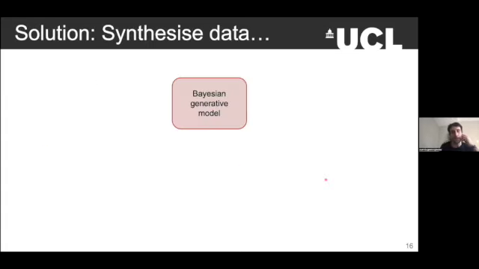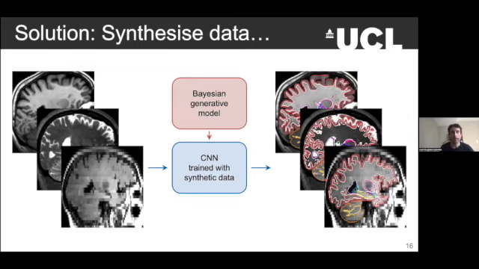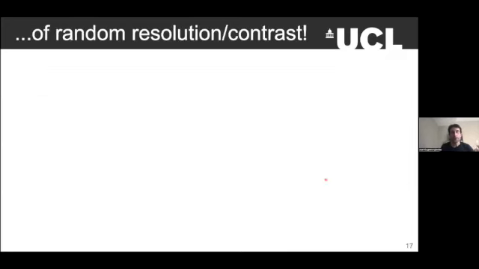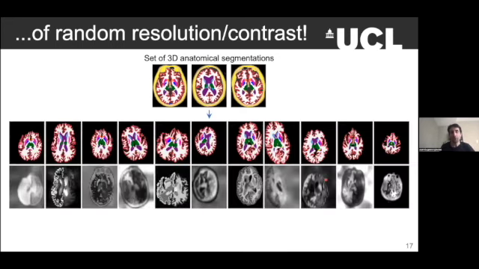So our idea is, can we solve this by synthesizing data? Can we generate scans from the generative model of Bayesian segmentation and then use it to train a CNN that hopefully can segment anything? And the fun part here is, can we actually do this with images that are not only synthetic, but also with completely random imaging parameters?